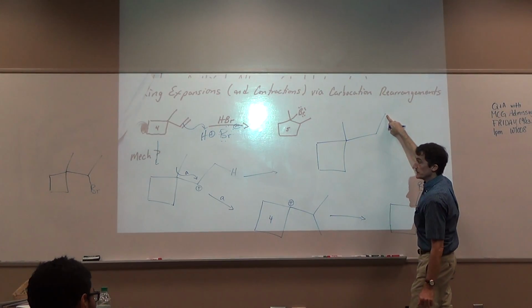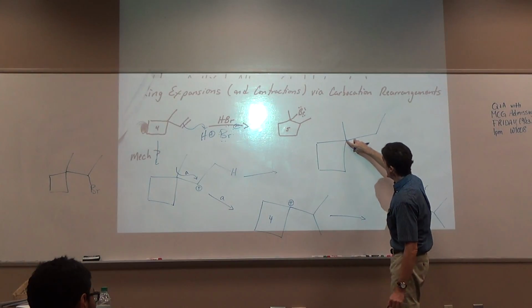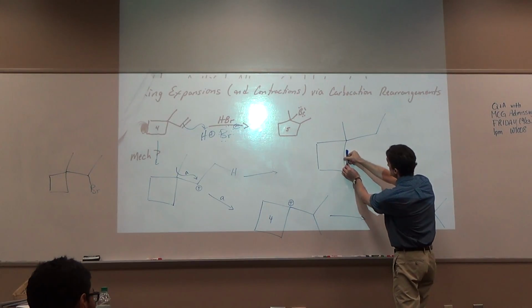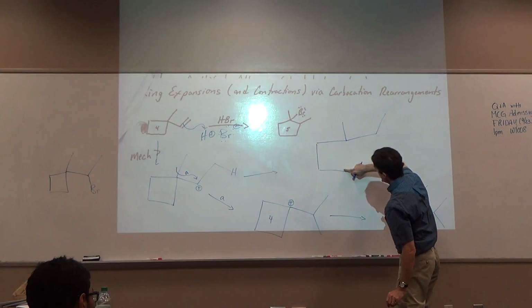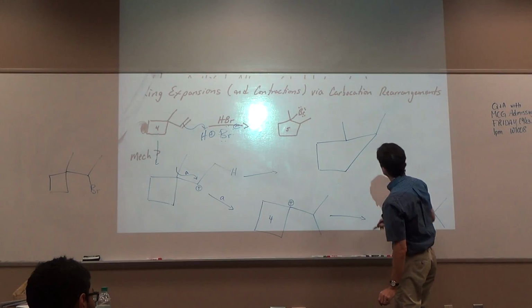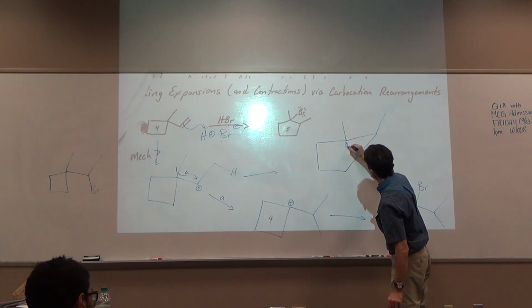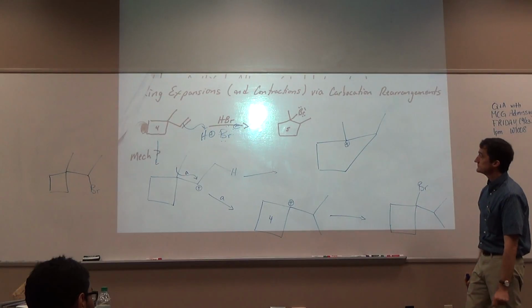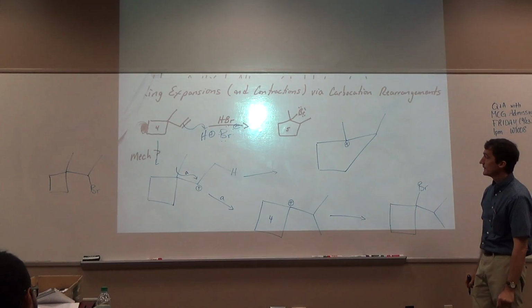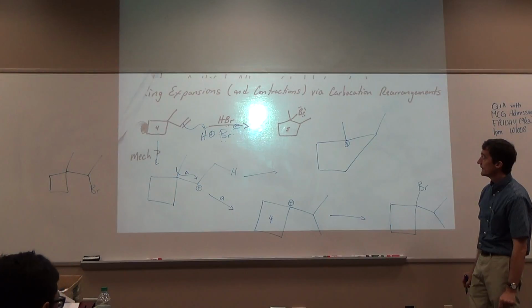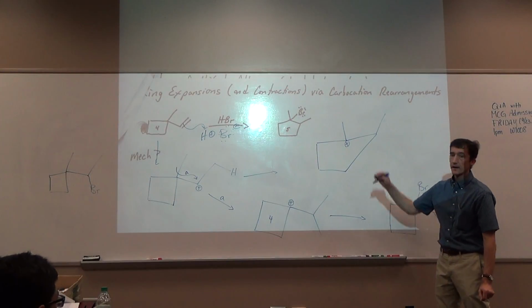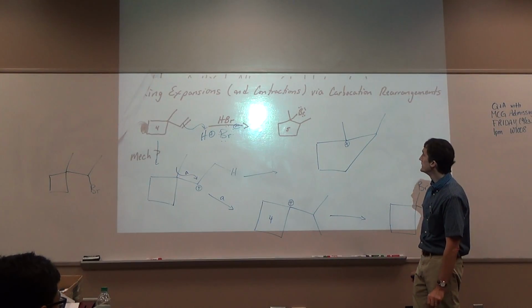That H is there, but I'm not going to draw it in. And then say, hey, instead of here, I'm just going to disconnect and connect this bond there. And that's going to be the cation. And this would be a rearranged cation.